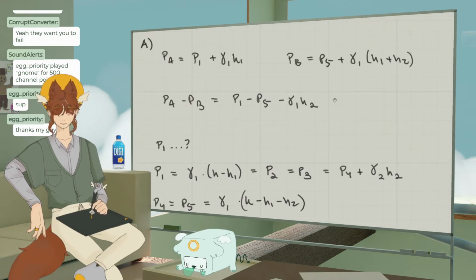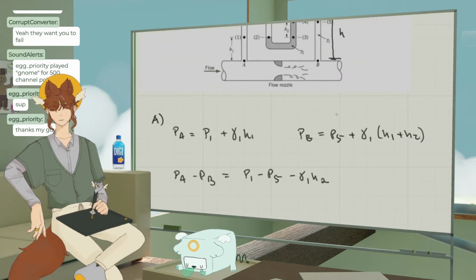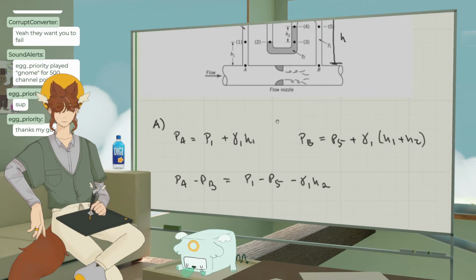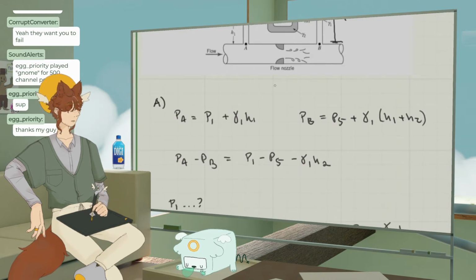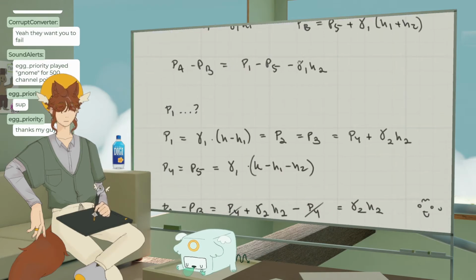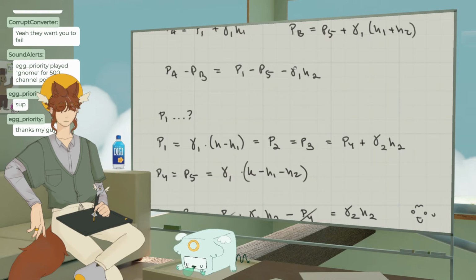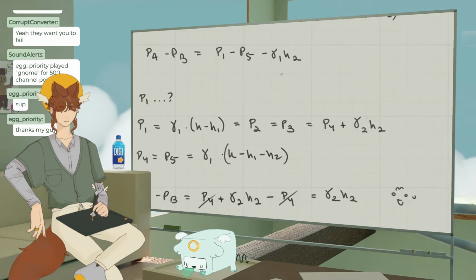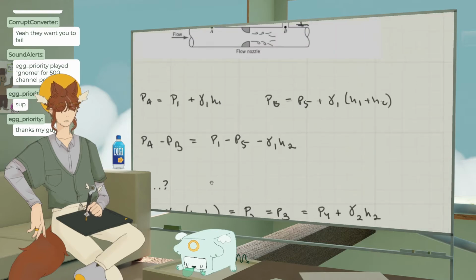Okay, I might have done something wrong. Let's see, I probably set two things equal to each other that shouldn't be equal. If it's in the same fluid, I can set it equal. So 1 can equal 2, 2 can equal 3, and then 3 has to equal addition, and then 4 can equal 5. One can equal 2, which can equal 3, which means I don't really need to even describe it like this.